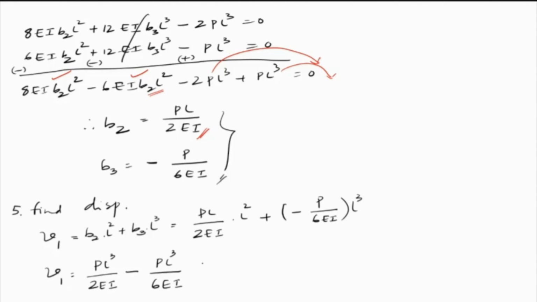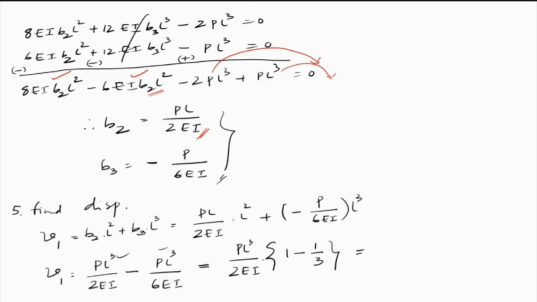Further, if I do the simplification, I will take PL cube divided by 2EI common. So it is PL cube divided by 2EI. I'll take it common from these two terms. Then here it is 1 minus 1 by 3, because PL cube by 2EI is already taken outside.